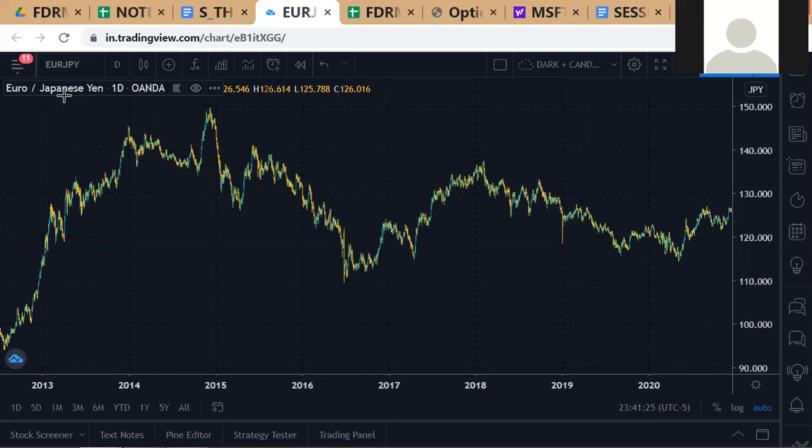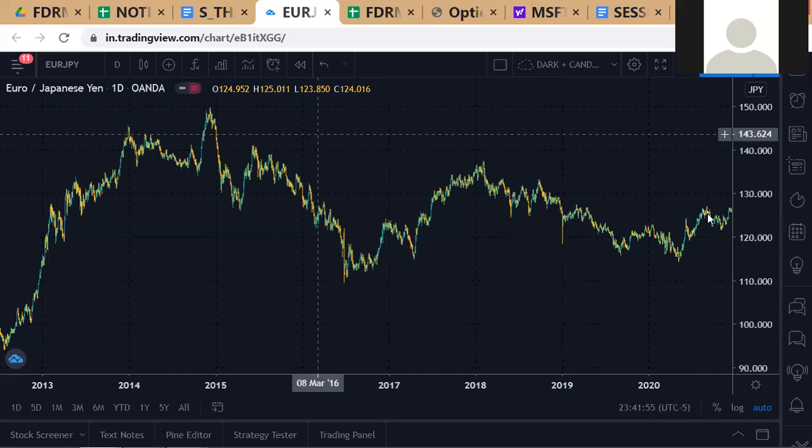So the question is how many Japanese yen per €1, and the value of that is the market price, and the market price of the euro as the base asset keeps fluctuating. At one point of time it was around 90 yen, then it went to 150 yen, and now it is back to roughly about 128 yen per €1.